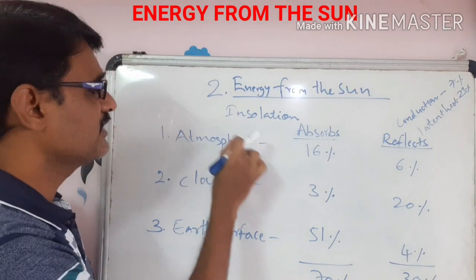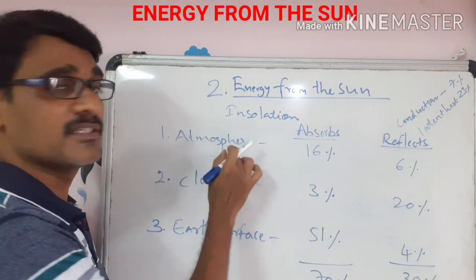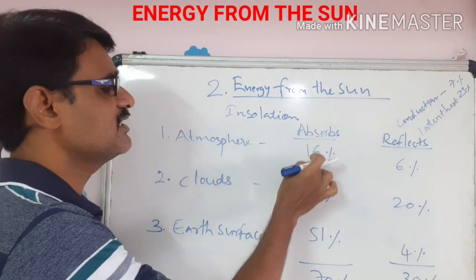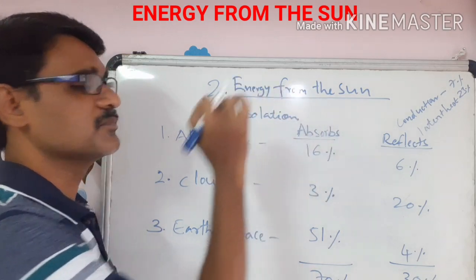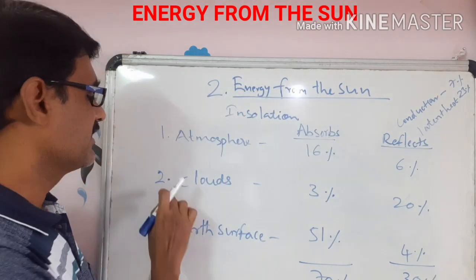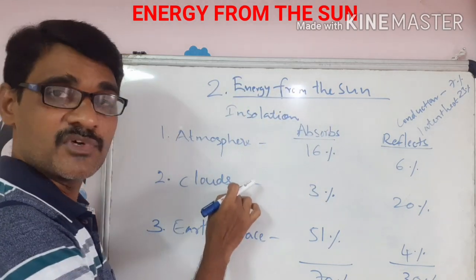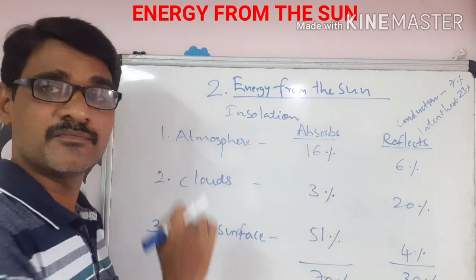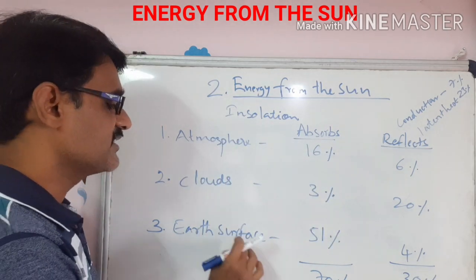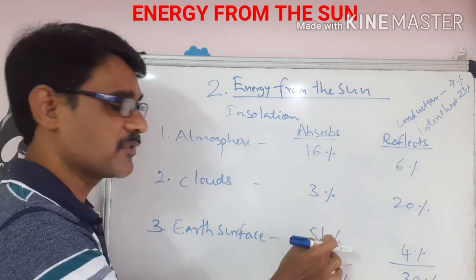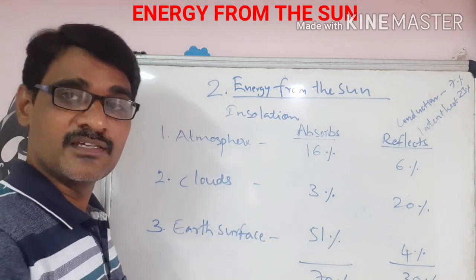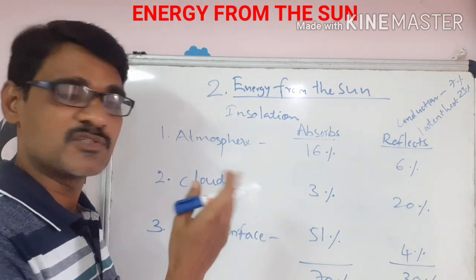By the atmosphere, 16% of energy is absorbed. And the clouds are absorbing 3% of energy. And the Earth's surface is absorbing 51%. You can see a picture in your textbook also.